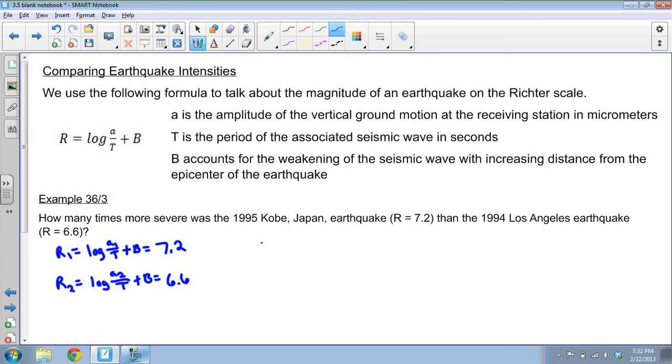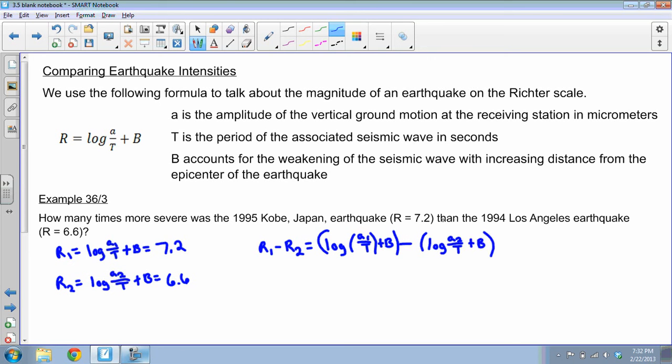We're going to subtract R1 minus R2, which means log of A1 over T plus B, that's R1 in these parentheses, minus R2, which equals log of A2 over T plus B.